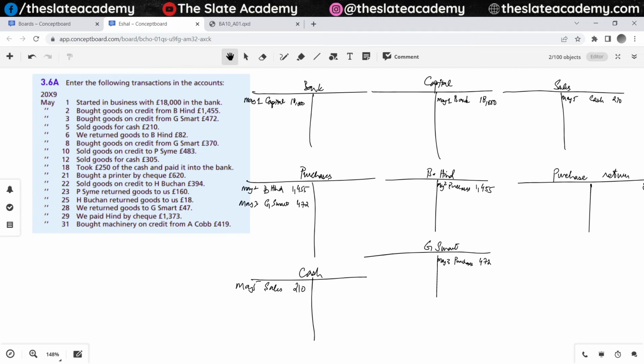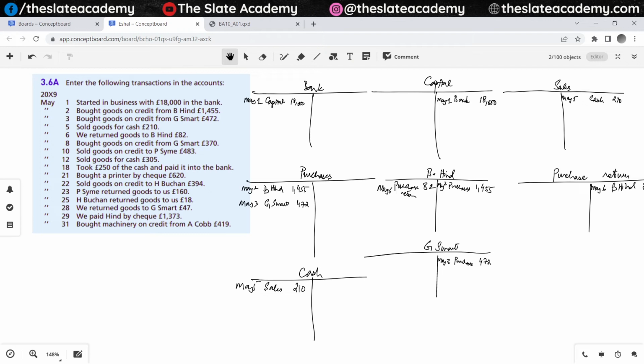B Hind debit 82. And when? May 6. Purchase return May 6.